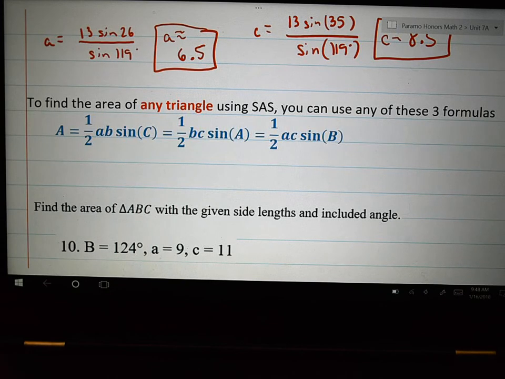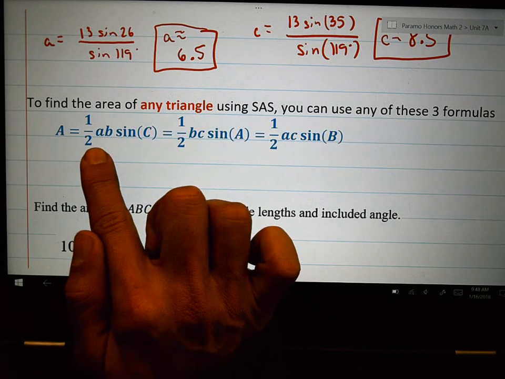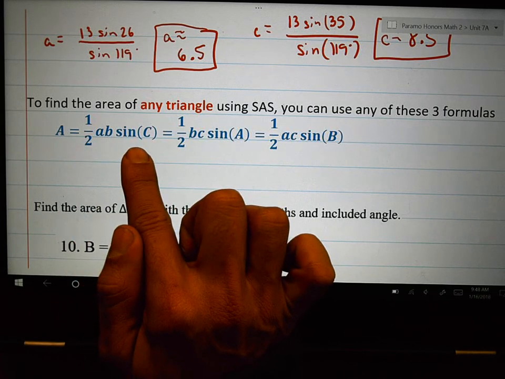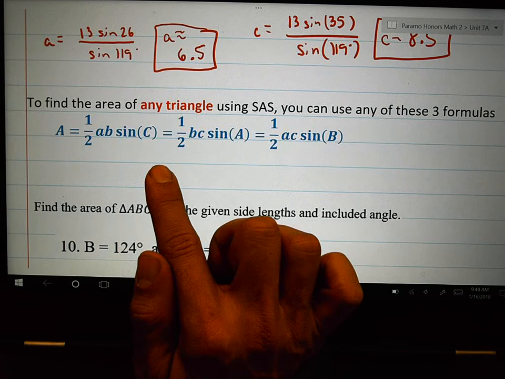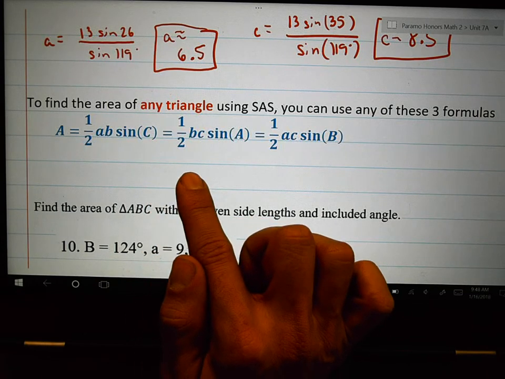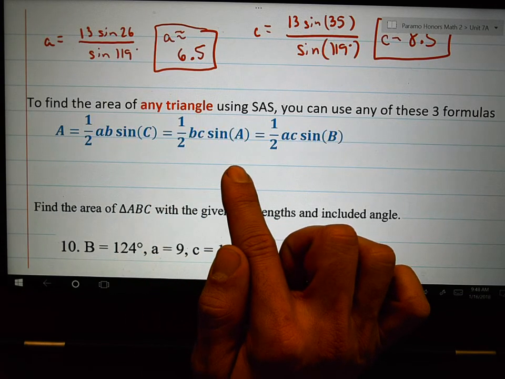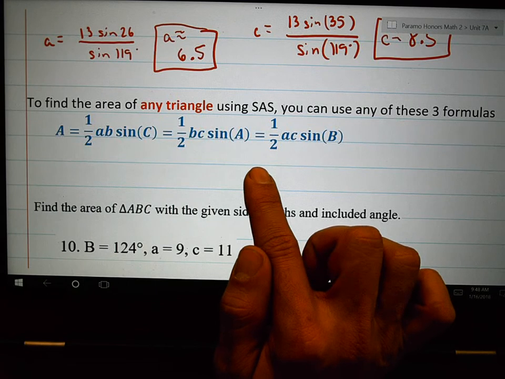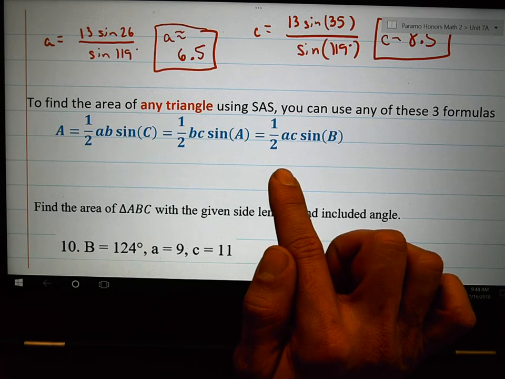To find the area of any triangle using SAS, you can use any of these three formulas. 1/2 little a times little b times sine of big C, which is the same thing as 1/2 little b times little c times sine of big A. Or you could even use 1/2 little a times little c times sine of big B.